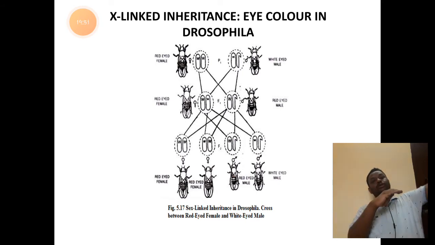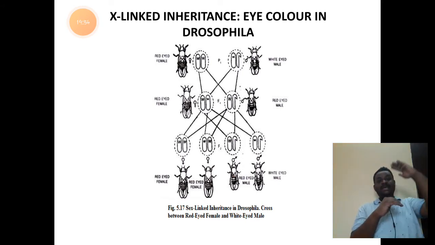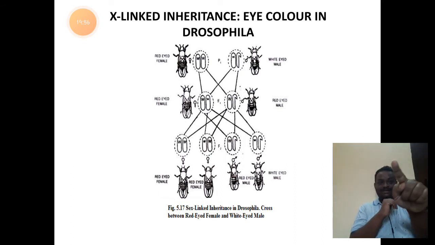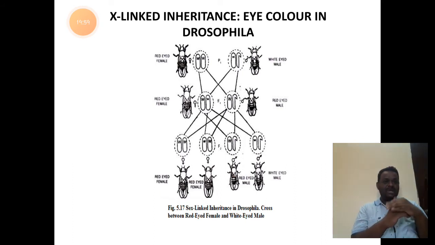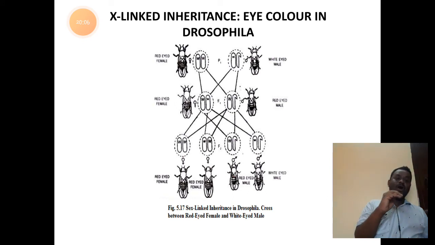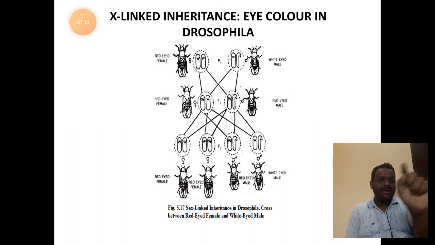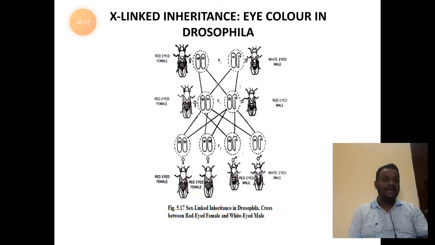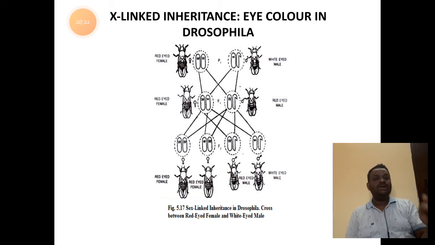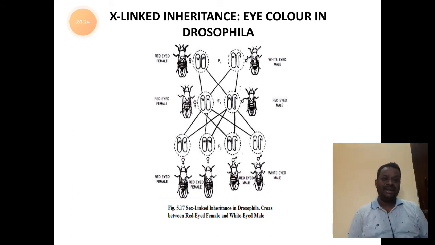The character of white eye seen in their grandfather, that is in the first generation, is passed to the F1 generation through a carrier female. And from that carrier female, the character has gone to the grandson. So the white-eyed male in the first generation, the grandfather, has his character expressed in the F2 generation, the grandson. It is through the carrier female in between in F1.